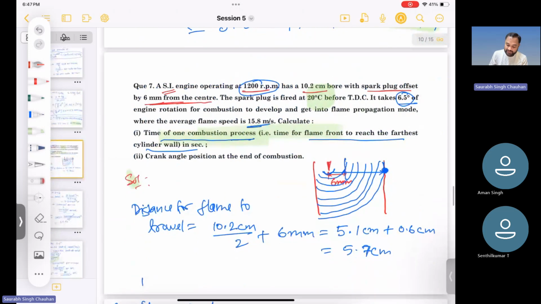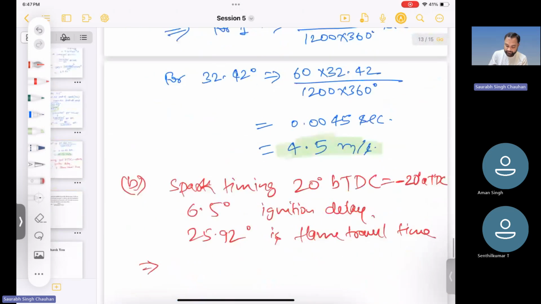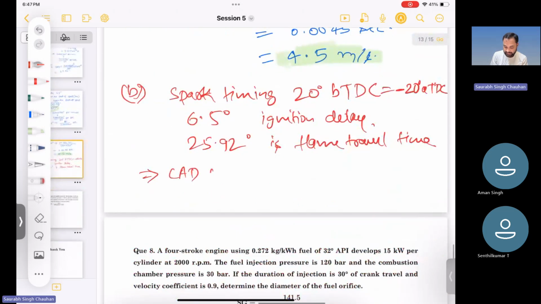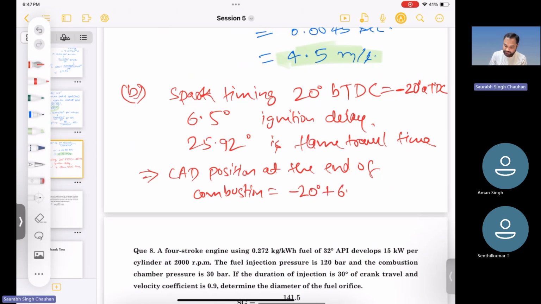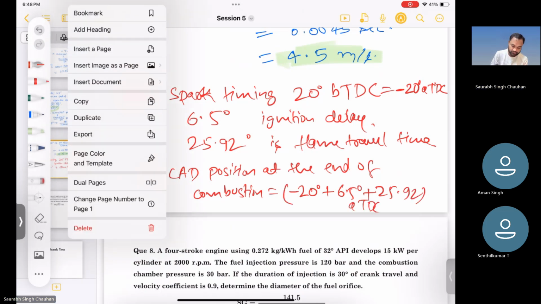So the crank angle position at the end of combustion will be what? Minus 20 degrees plus 6.5 degrees plus 25.92 after TDC. Okay.